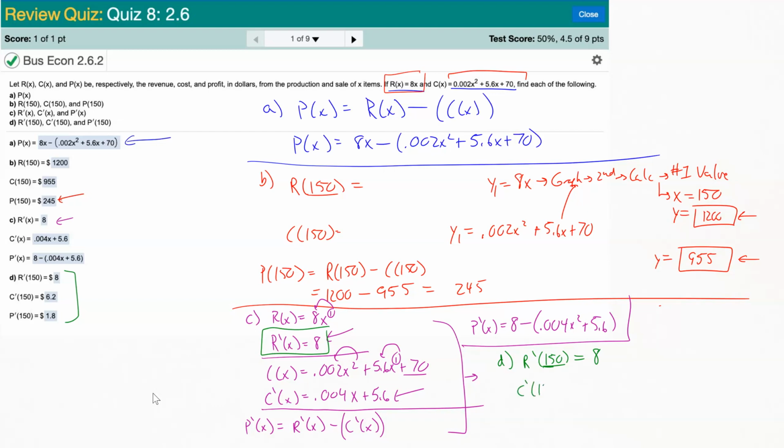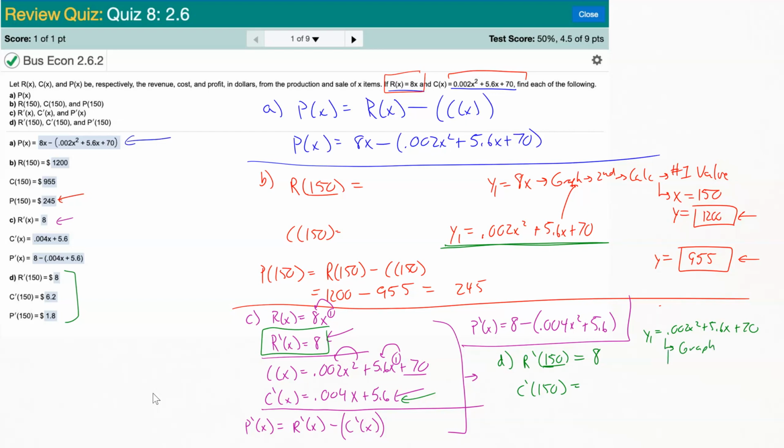Going on and doing my C prime of 150, I could again just plug the 150 into this equation right here, but I also can use my calculator. In Y1 right now is still my cost equation. So in Y1 I'll keep that original cost equation, but anytime we need a derivative at a point, this is something our calculator can do for us.